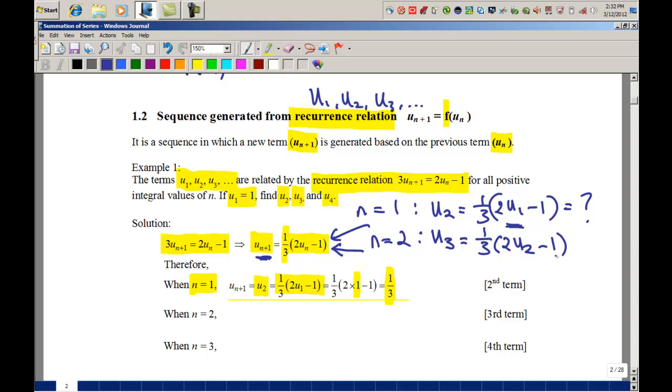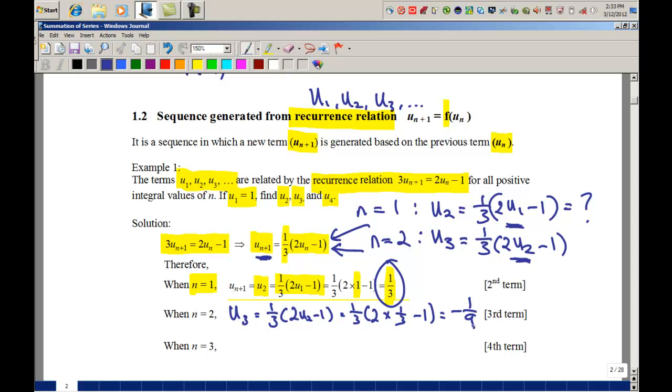Because I already know what u2 is, I can just sub it in here to get the value for u3. Now let's write it down in your notes. u3 is 1/3 (2u2 minus 1). And this is 1/3 (2 times 1/3 minus 1). And this is actually minus 1/9.